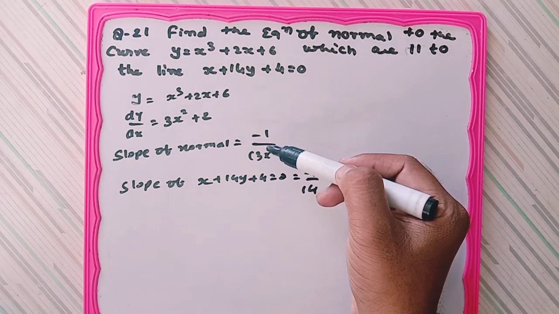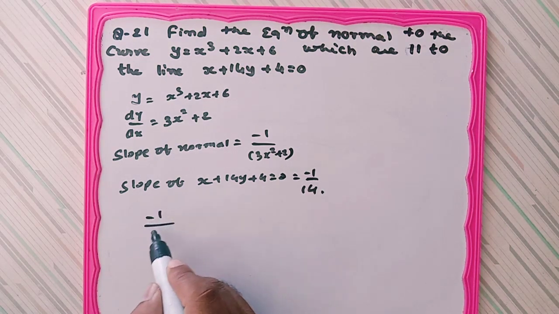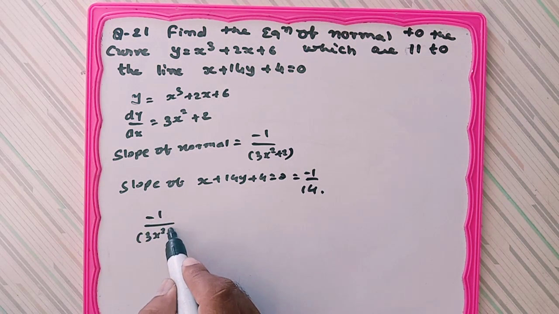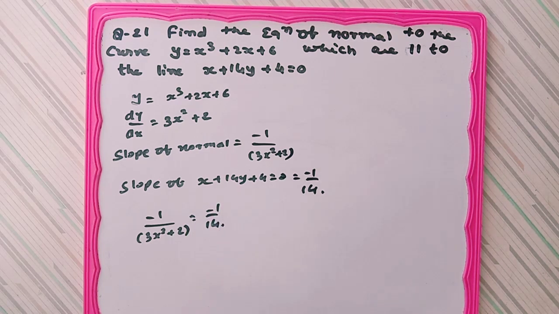Now this normal is parallel to the line, and so both the slopes are equal. So minus 1 upon 3x² plus 2 equals minus 1 upon 14. And so 3x² plus 2 equals 14. So x² equals 12 by 3, 4. And so x equals plus or minus 2.